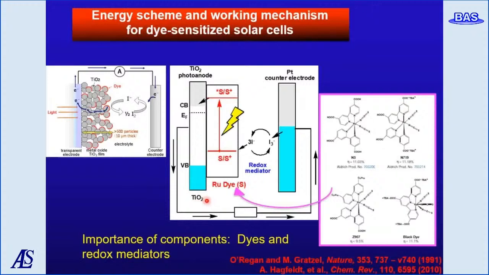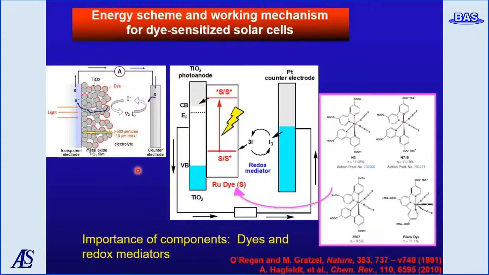This ruthenium complex is excited by visible light, which induces electron injection into the titanium oxide conduction band, and the electron goes to the electrode through the connecting wires.